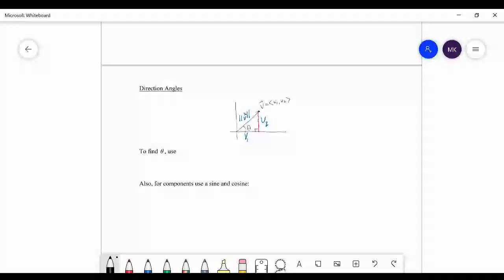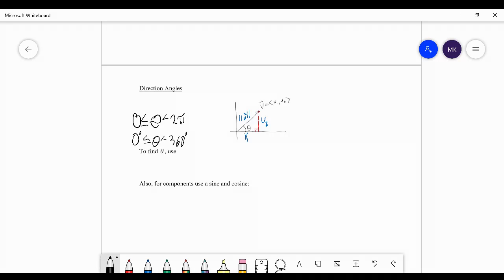So what's cool about that is, because we're talking about its angle in standard position, we can say that 0 is less than or equal to theta is less than or equal to 2 pi, or 0 degrees is less than or equal to theta is less than or equal to 360 degrees. And actually, really, we don't want that. It's just less than. Because if it's equal to 2 pi, we would just say it's 0. If it's equal to 360, we would just say it's 0.